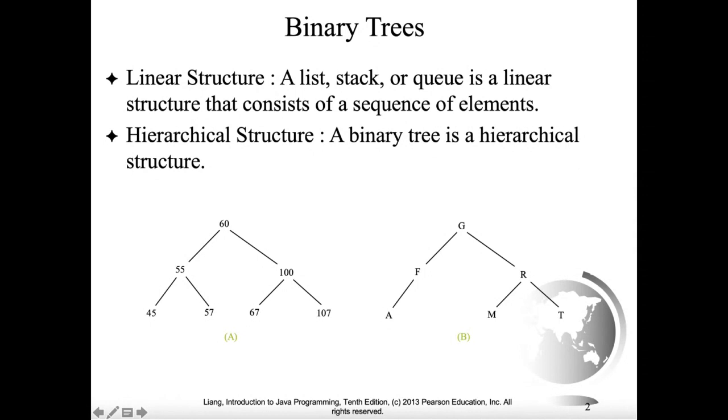In order to represent this in a Java program, we're going to use some concepts that we had in the linked list, right? In the linked list, you had nodes, and you connected the nodes using the reference to the next node. Here, we're also going to use nodes, but these nodes are a little bit different from the nodes in the linked list data structure.